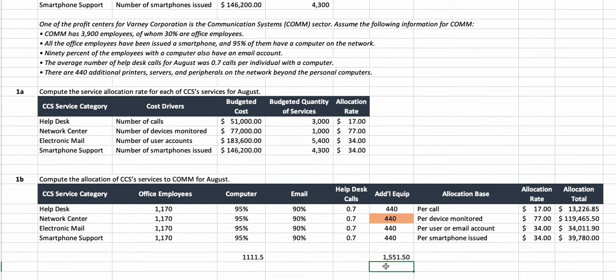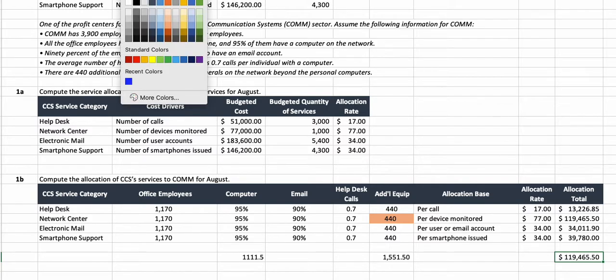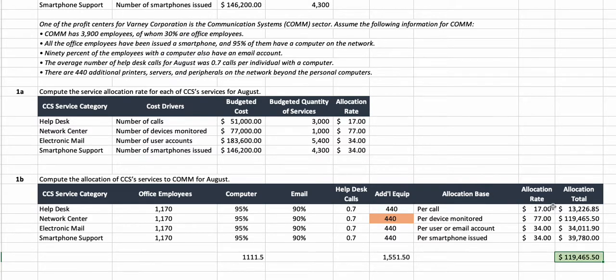Now I have 1,551 devices that I have to be concerned with. And now I want to multiply those 1,551 devices by my allocation rate. And make this a dollar sign, and we can see that we come up with the same amount of money. Let's go ahead and highlight that again so that you can see those two numbers. There we go.